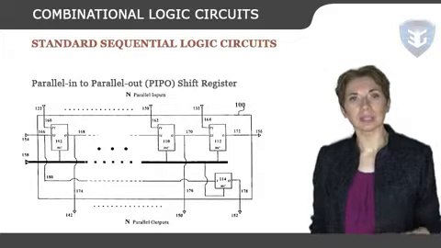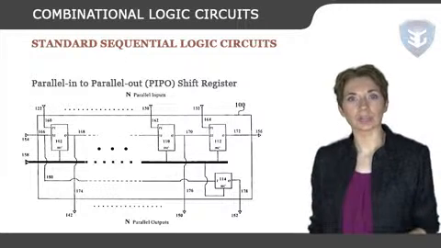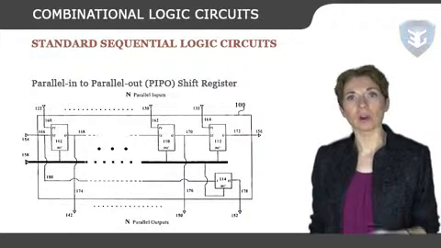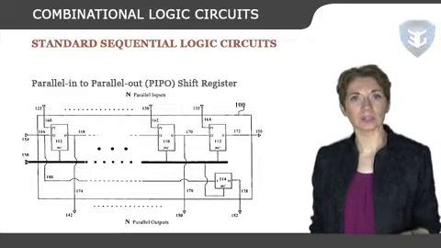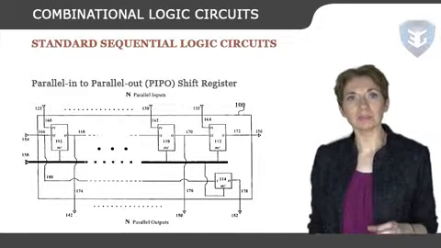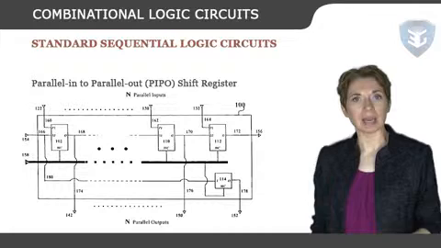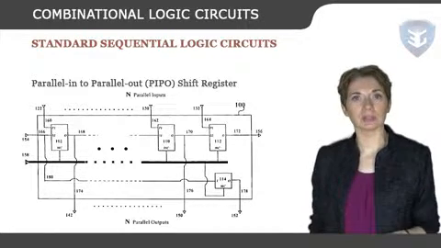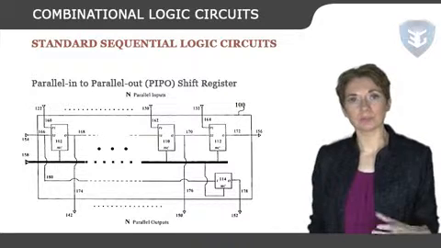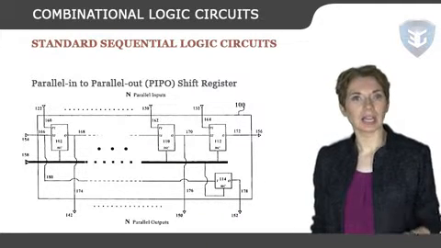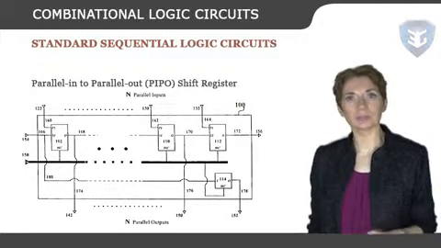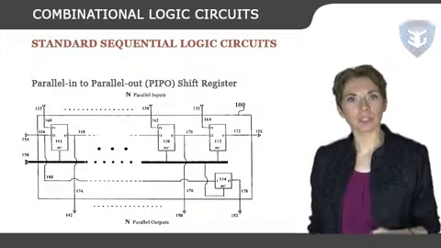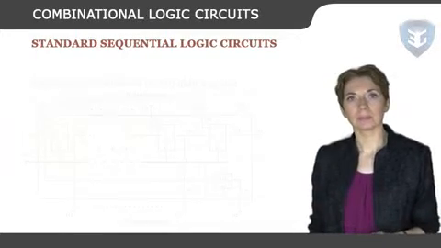Similar to the serial in to serial out shift register, this type of register also acts as a temporary storage device or as a time delay device, without the amount of time delay being varied by the frequency of the clock pulses. Also, in this type of register, there are no interconnections between the individual flip-flops, since no serial shifting of the data is required.